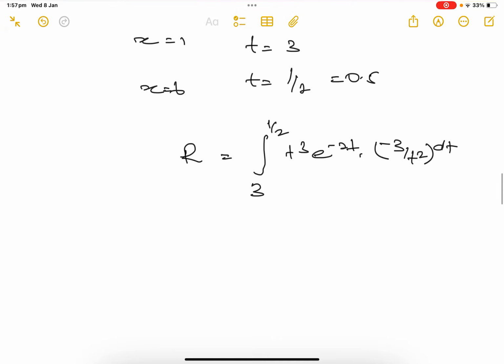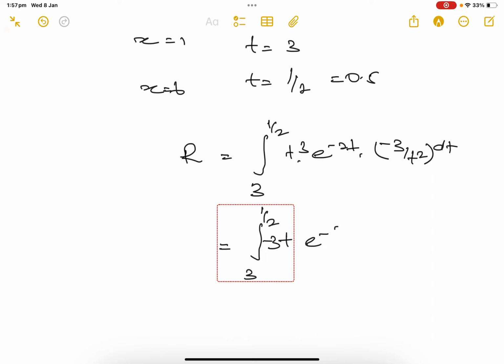Simplify it. 3 half t cubed, t squared will be cancelled out, and t left, minus 3 in front.